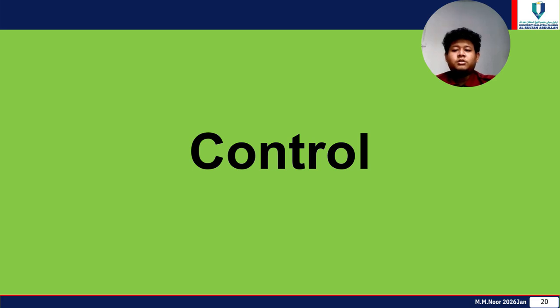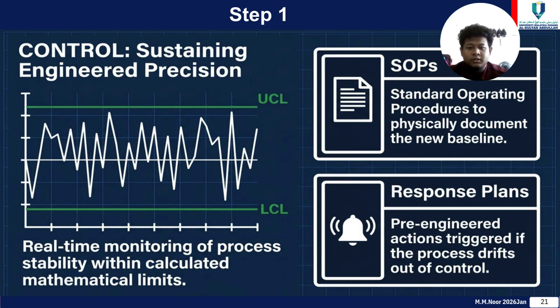And now, our final phase is control. We entirely dedicate this final phase to sustaining our engineered precision over time. To prevent the process from degrading back to its old habits, we implement real-time monitoring of process stability using statistical process control charts, mapping data points between mathematically calculated upper control limit, or UCL, and lower control limit, or LCL.